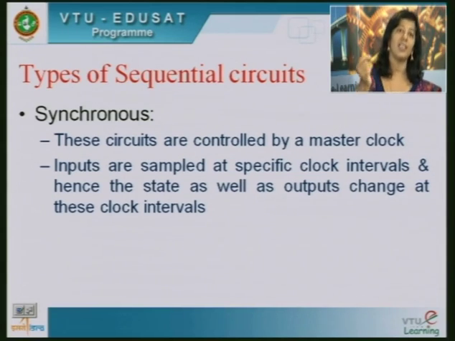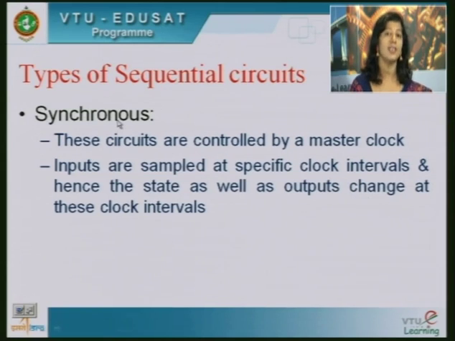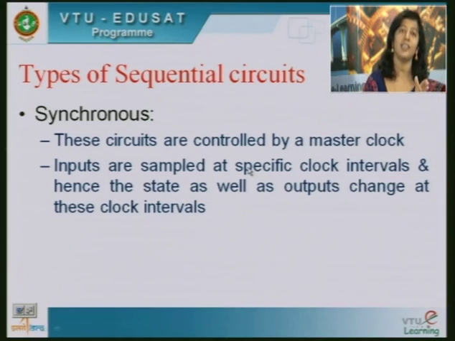At one rising edge or falling edge of the clock signal, the inputs are sampled and the output is taken at that particular time. So, timing will be fixed in these circuits and controlled by this master clock. Inputs are sampled at specific clock intervals, and therefore the state as well as outputs will change only at those clock intervals. It can be the edge of the clock, either rising edge or falling edge, normally.